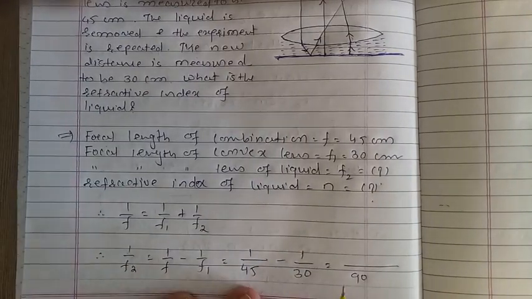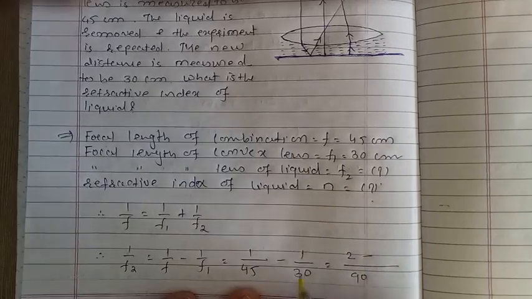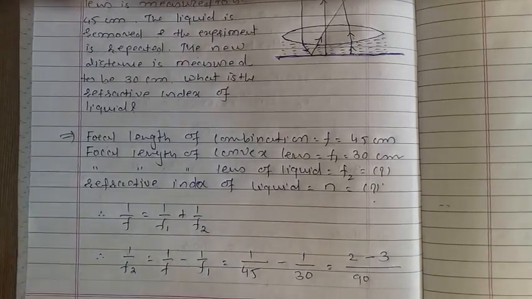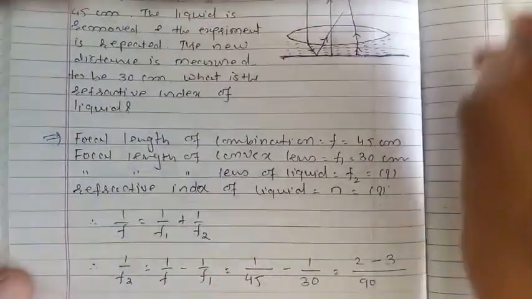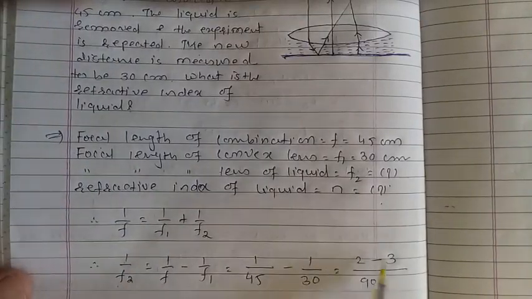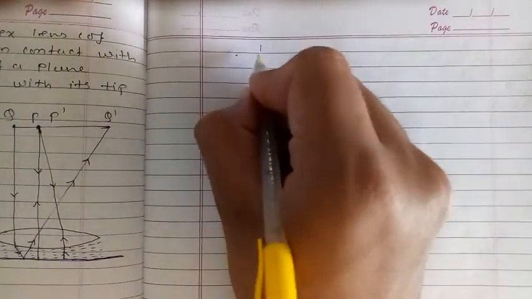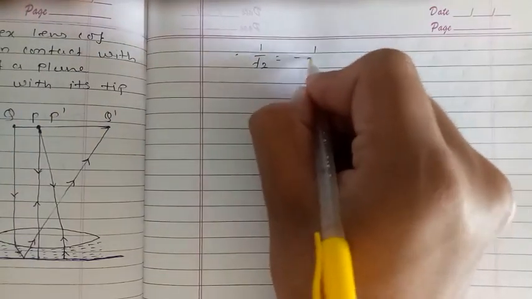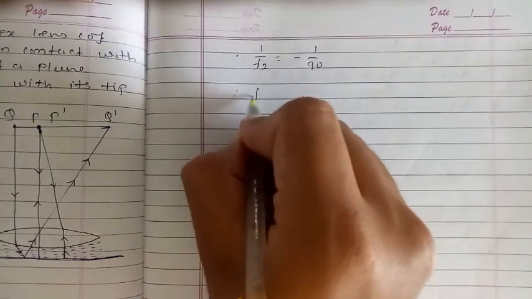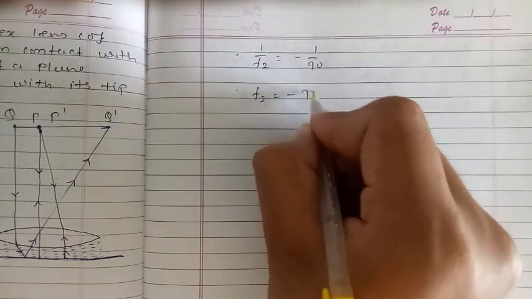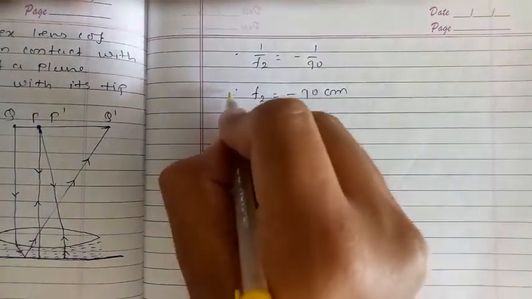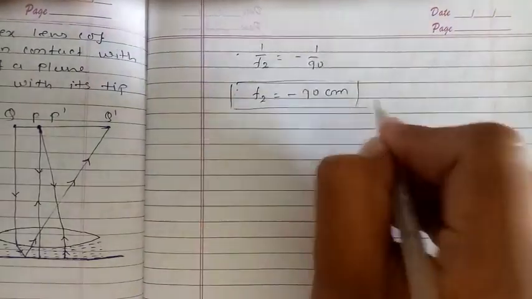So 45 into 2 is 90, and 30 into 3 is 90. So 2 minus 3, which is minus 1, right? So 1 by f2 is equal to minus 1 by 90. So f2 is equal to minus 90 centimeter, right?